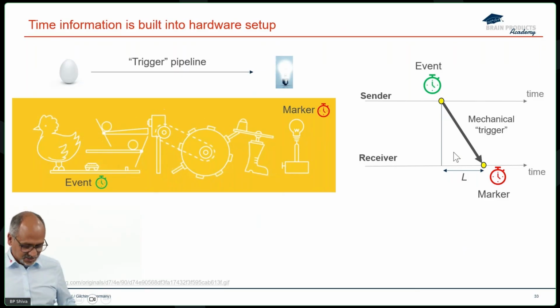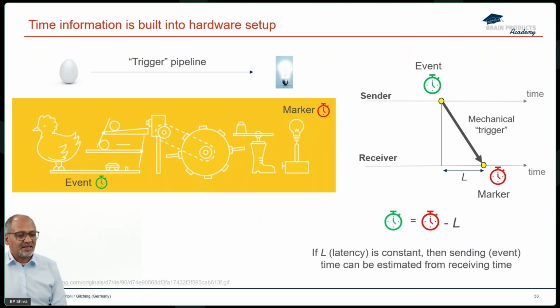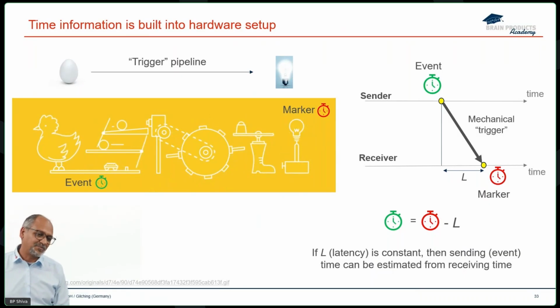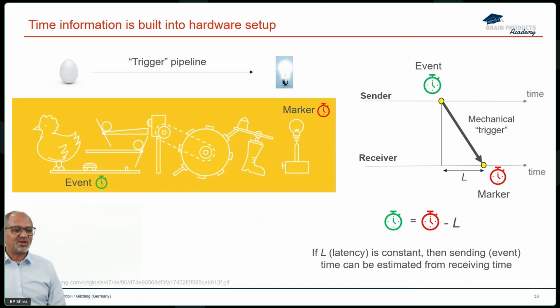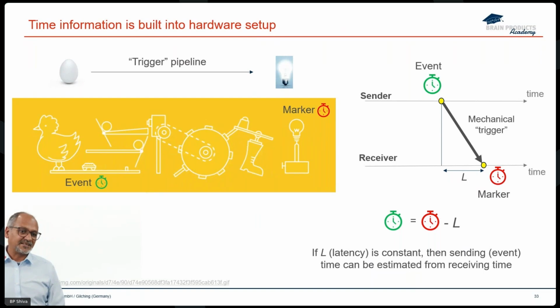But if this latency is relatively constant, then when the lamp turns on can be used to estimate when the egg was actually laid, just by subtracting this latency.